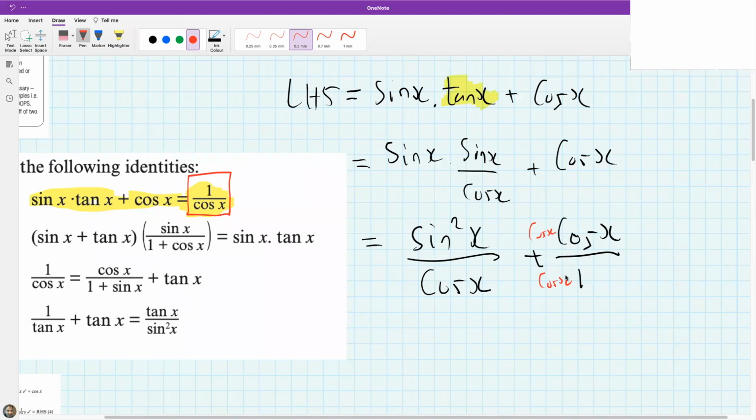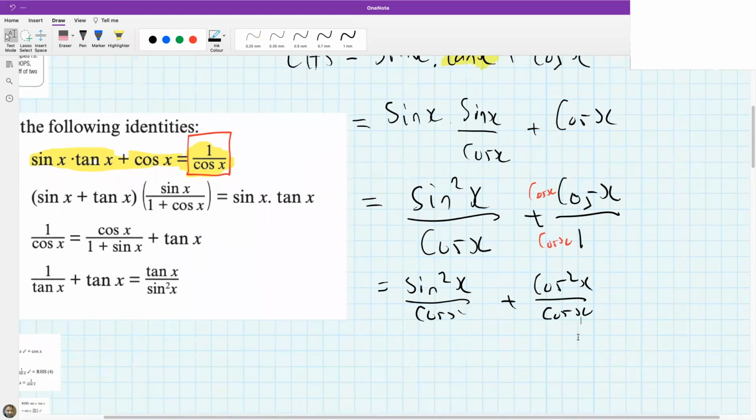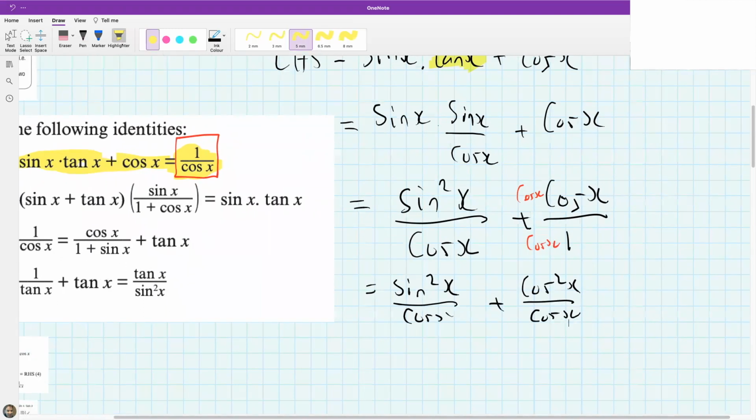Okay, almost. You times both the top and bottom by cos x, and what you then get is this. That's super helpful because now we have denominators that are the same.